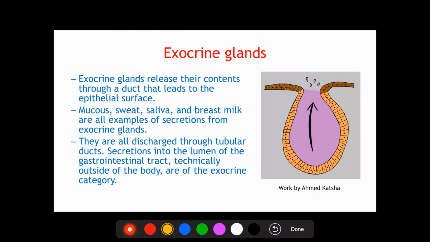Let's start with the exocrine gland. It's much easier. Exocrine glands are exocrine because they release their content to a surface, whether it's an internal or external surface.